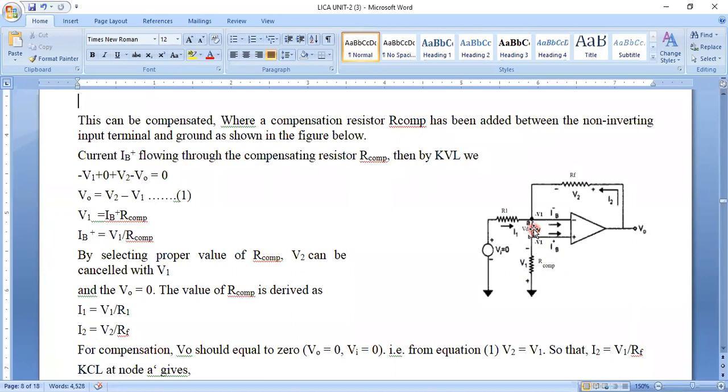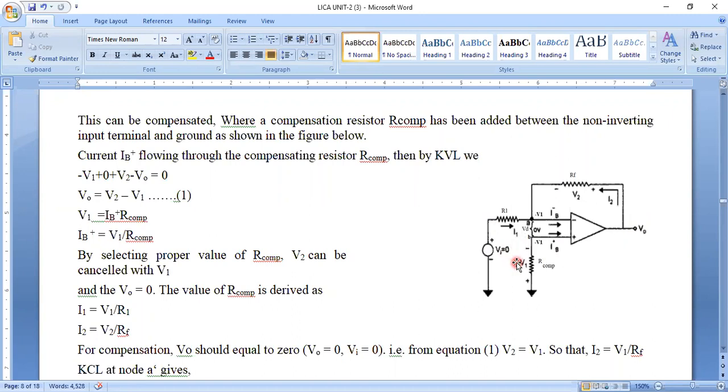Our objective in this analysis is to produce a zero output voltage when the input voltage is zero. At what condition is V0 zero? When V1 is equal to V2.